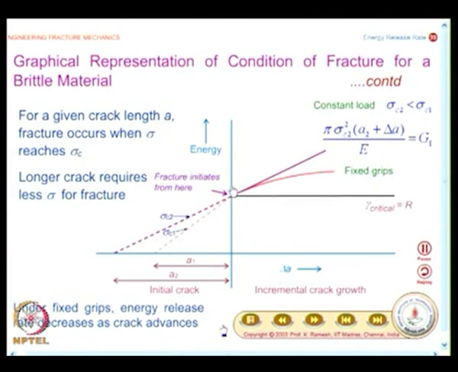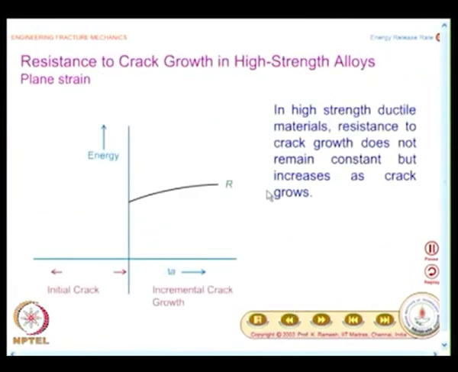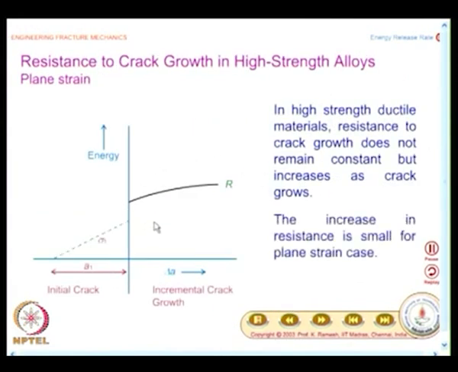So, here G equal to R. For brittle materials there is no problem. When we come to ductile materials, what we have noticed was, in the case of plane strain, R is not a constant, but it varies, but the variation is shallow.